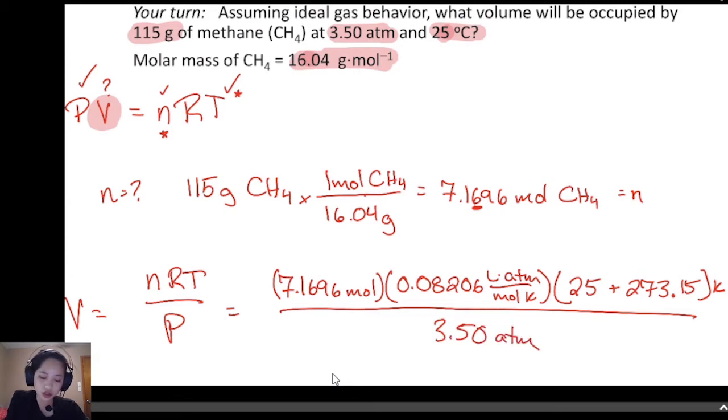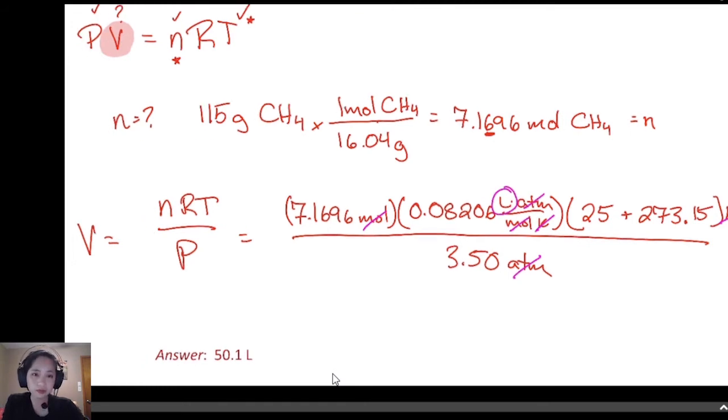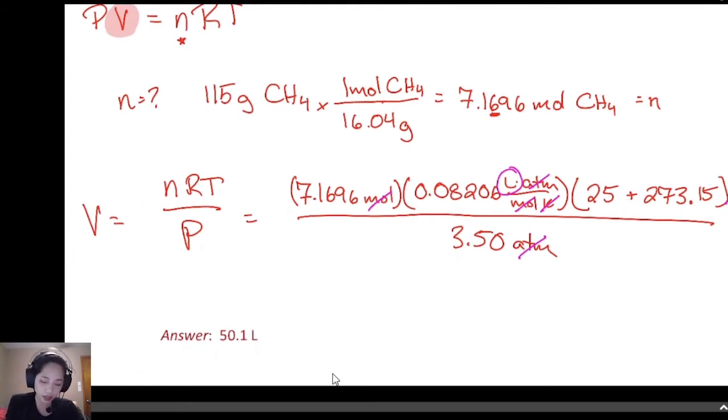So, let's just check our units here. So moles cancel out with moles in R. Atm cancels with atm. K cancels with K. So we are left with a liter unit. All right, and so if you plug that into your calculator, you get that the answer is 50.1 liters.